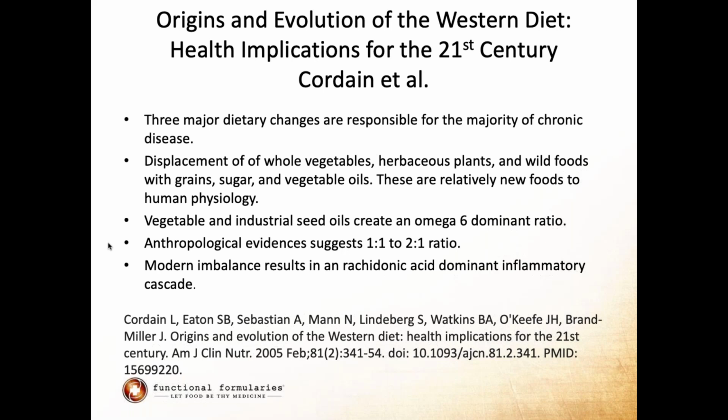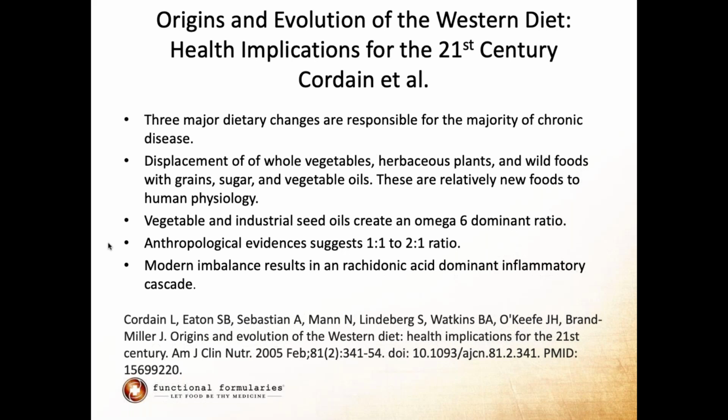And the authors go on to show with great detail how these, in the case of grains, sugar, and vegetable oils, are basically new foods to human physiology. I say physiology and not genetics because we have to take into account things like the microbiome, which are, again, influenced by genetics, but have been incredibly challenged by these new additions.